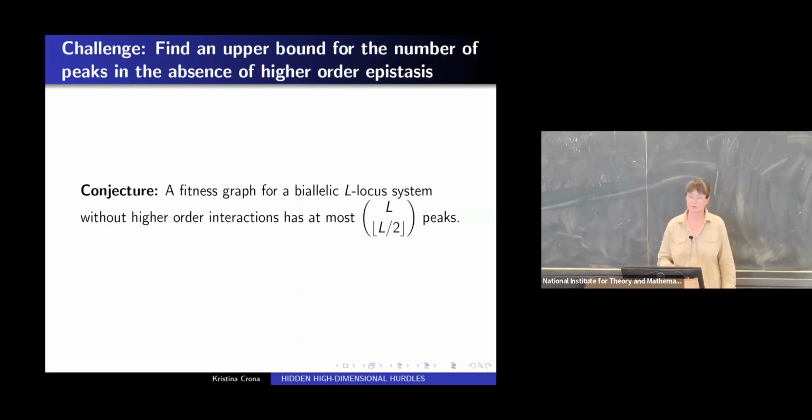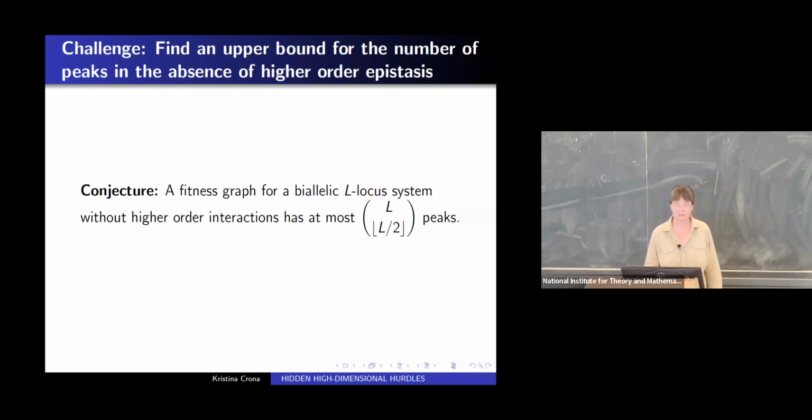Since my group and another group managed to prove the theorem I stated earlier, I had hoped to have the same result here, namely that someone comes back with a proof. So the challenge for you would be to find an upper bound for the number of peaks we can have in the absence of higher order epistasis, so we have only pairwise interaction here.